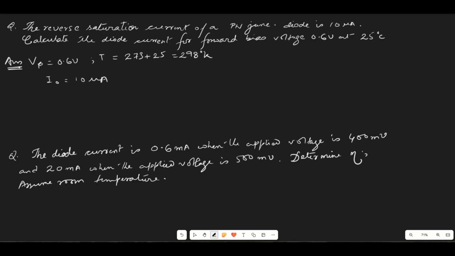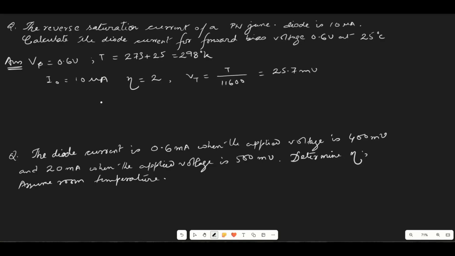Now we have the I naught value as 10 microampere, and the forward bias voltage is 0.6. This is silicon, so the value of eta will be 2, and Vt will be equal to T by 11600. So putting in the value, we'll find it as 25.7 millivolt.